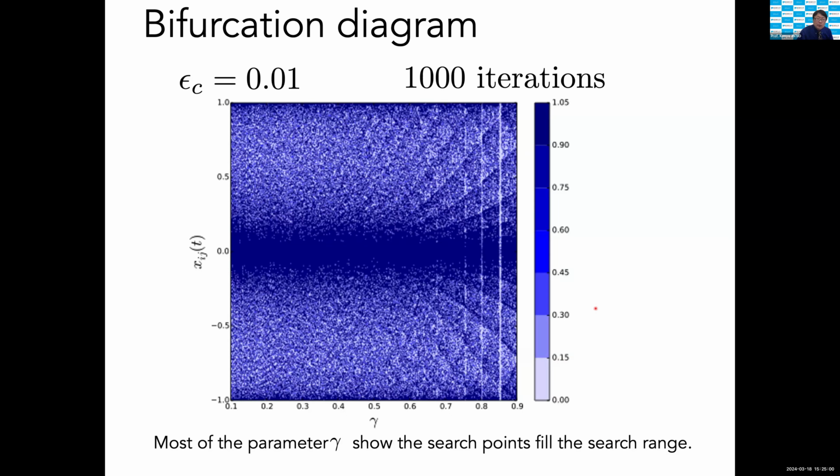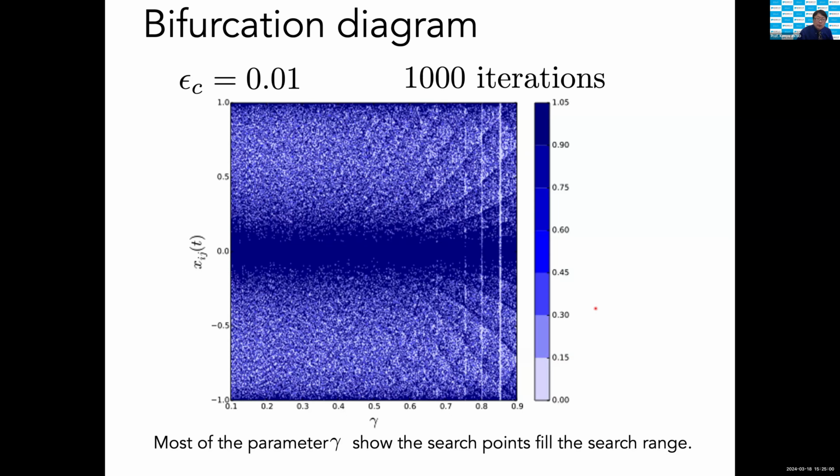The darker area around the center indicates that such points are denser around this region. While this diagram only covers 1,000 iterations, increasing the number of iterations will gradually fill the region with such points.